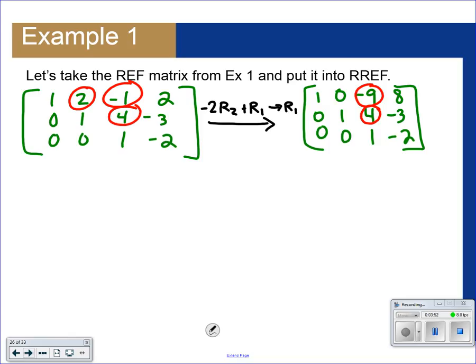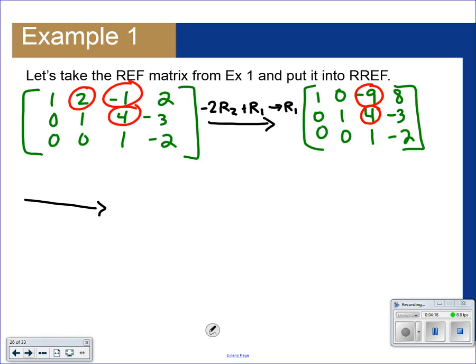Okay, so you're always going to take the row that's below it. So because you have this circled 4, the row that's below it is going to be row 3, okay? And the reason why you want to use row 3 is because, look, it starts with 2 zeros. So if it starts with 2 zeros, when you add it to the top, it's going to stay. It's not going to change any of the work you've already done.